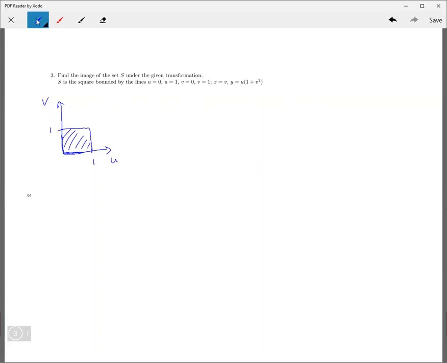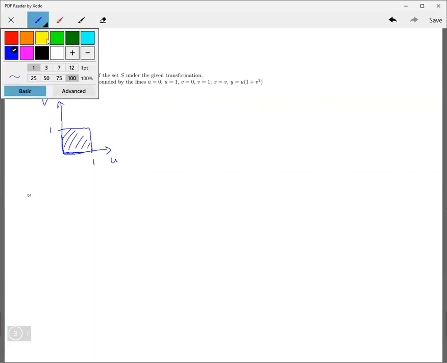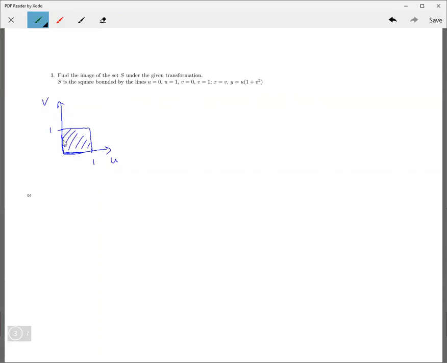So what we're going to do is, U equals 0 is this part right here. Now, if we take U equals 0 and we plug it into here, then we have X equals V, and Y equals this, but plugging in U equals 0 means that's going to be a 0.